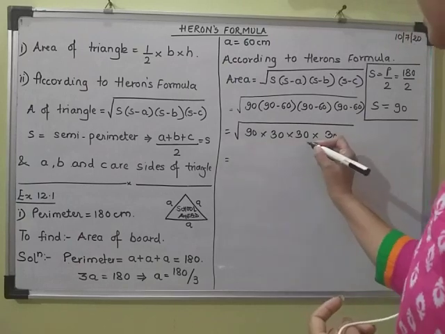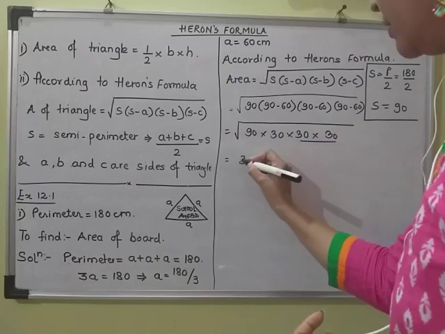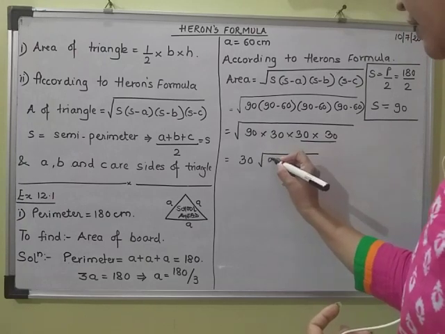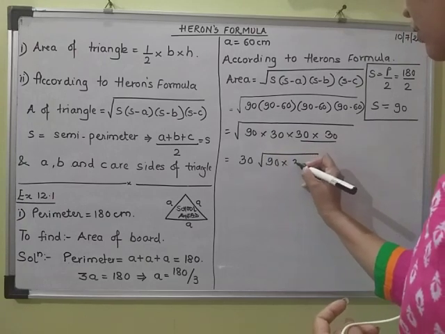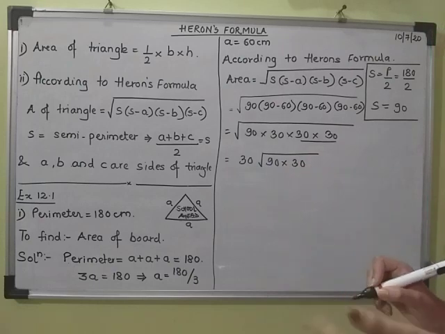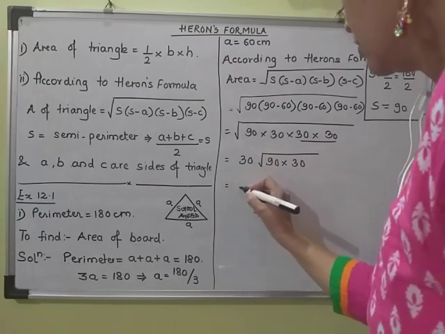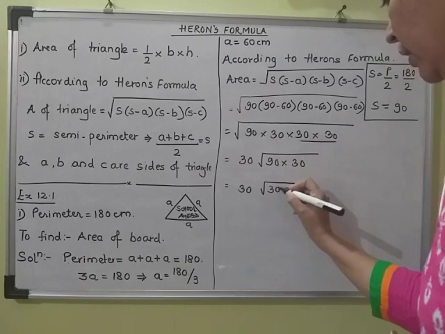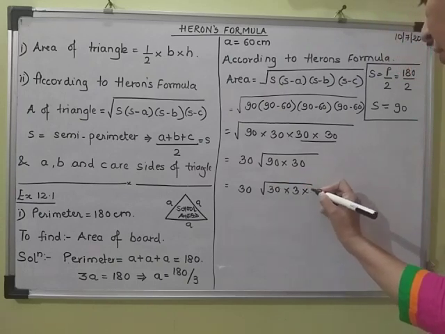Since 30 appears two times, I can take out 30 from under the root, leaving root of 90 into 30. This 90 can be written as 30 into 3. So this is 30 root of 30 into 3 into 30.